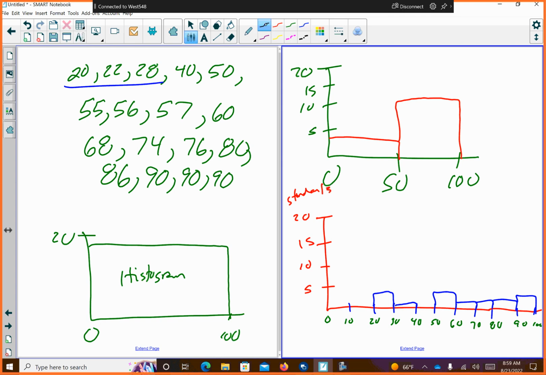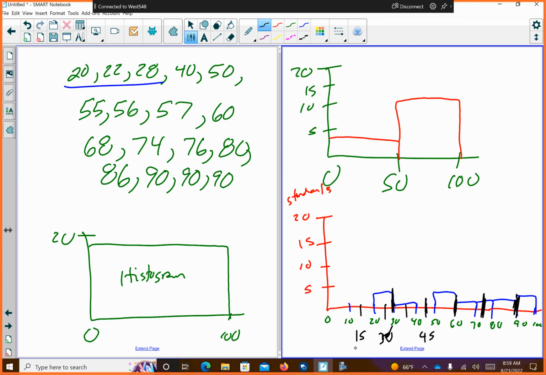But if we went a little bit further, and let's say we counted by 15s, 30, 45, right? Okay, so 30 should have been there. 30 is right there. 60, 75, and then 90.